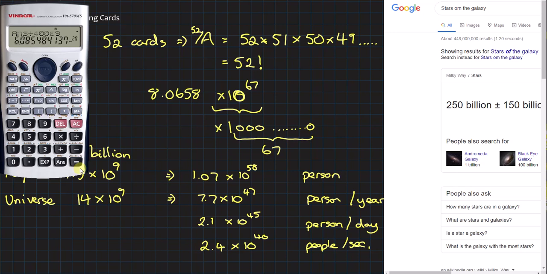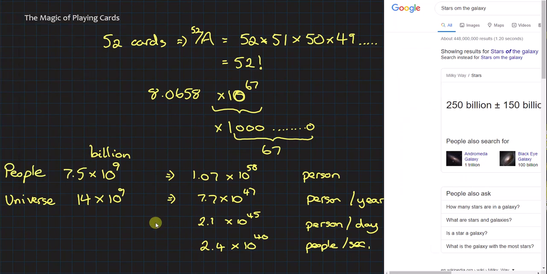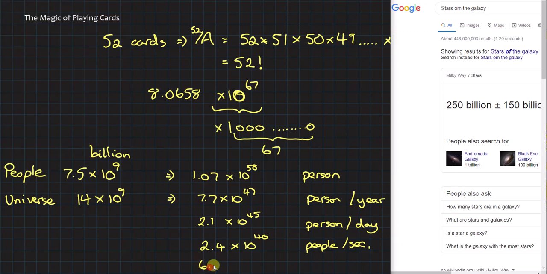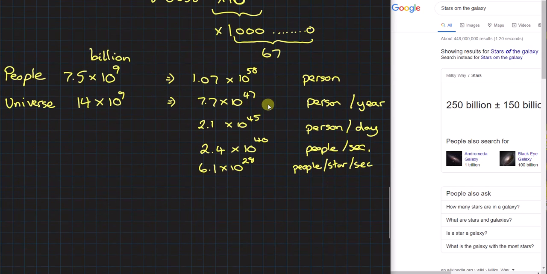And that says that for every single star in our galaxy, we have 6.1 times 10 to the 28 people on each star per second of the universe. They would have to make this many shuffles to actually be getting close to the number of cards that we have.